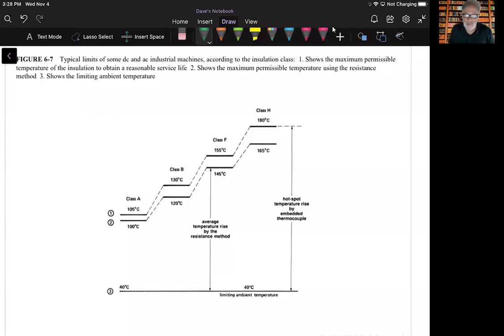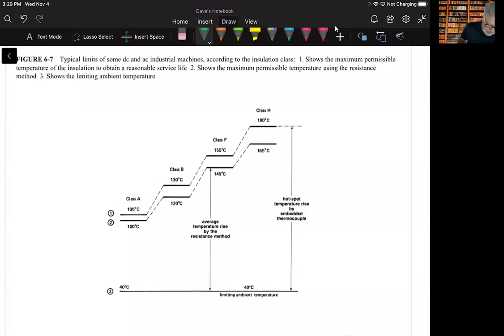So when we look at average temperature rise, we go back to the same curve we looked at before, the same figure 6.7. This time we're going to look at the second curve across here, and let's walk through this.